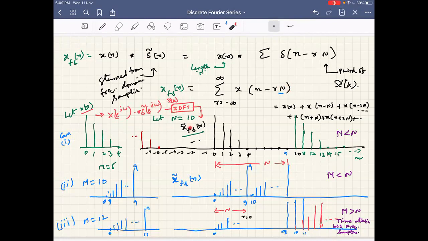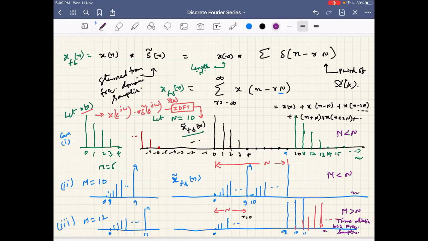So if we take more samples in the frequency domain than the number of samples in the time domain for the base signal x of n, there will not be any aliasing. You will not have time aliasing, so there is no mix of samples in the time domain. Please note that all these are in the time domain.